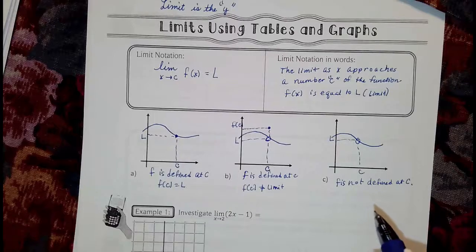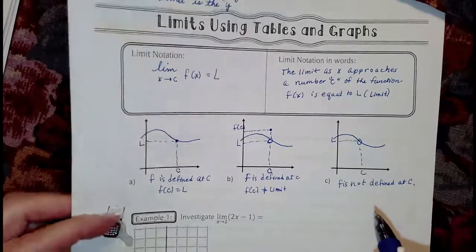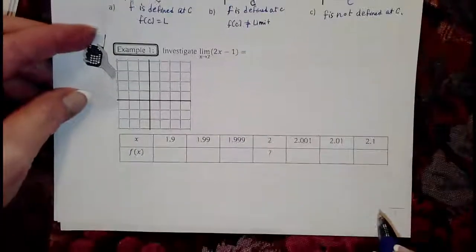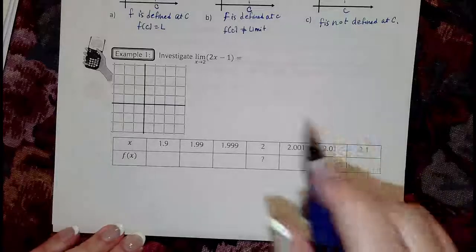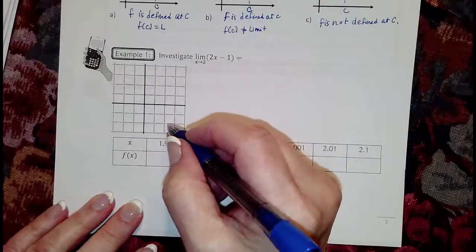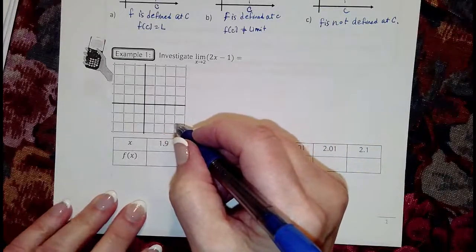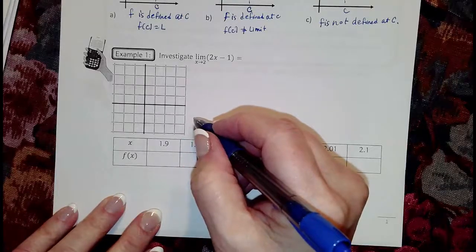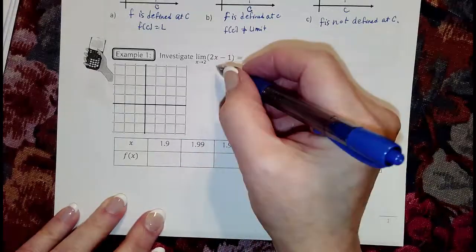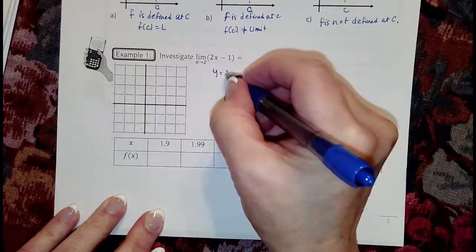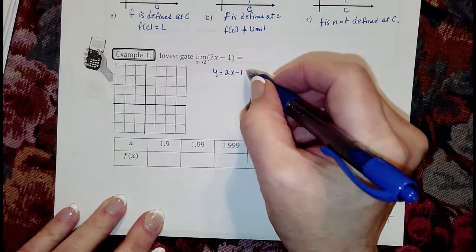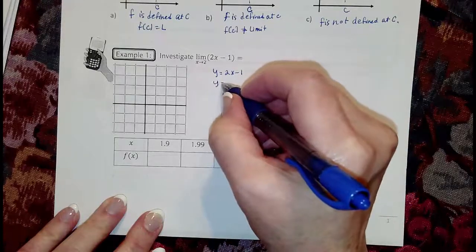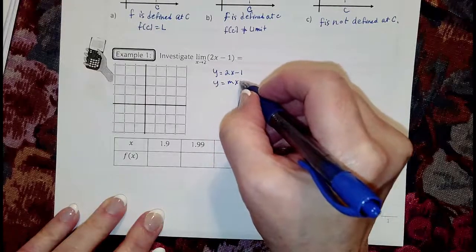All right, we're going to take your calculators and we're going to plot some points or substitute some points in on the next part. We said tables and graphs. So we're going to graph the line y equals 2x minus 1. Okay, so what form of the line is this? This is slope-intercept, so y equals mx plus b.